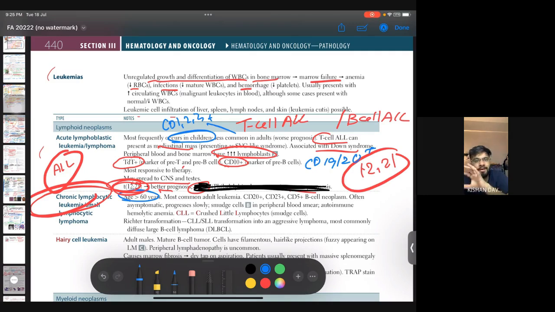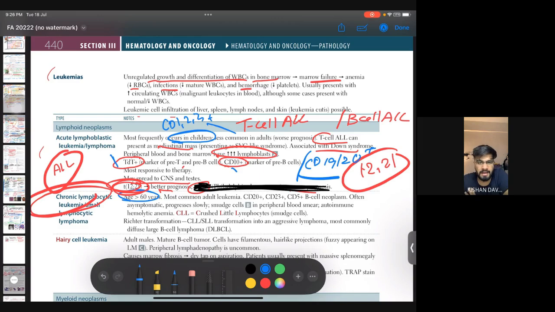Overall, they will mostly ask you about B cell only. This was the case in UWorld, where one of the options was given as T cell ALL, B cell ALL, so this is how you distinguish between them. But overall, they won't ask B cell and T cell ALL, they will just ask ALL. Any of the markers can be possible, but more specifically TdT plus, CD10 plus, and t(12;21) is a translocation that occurs in children.